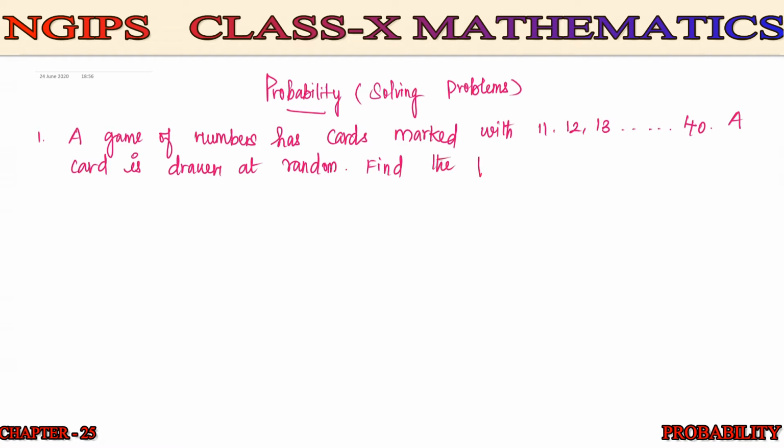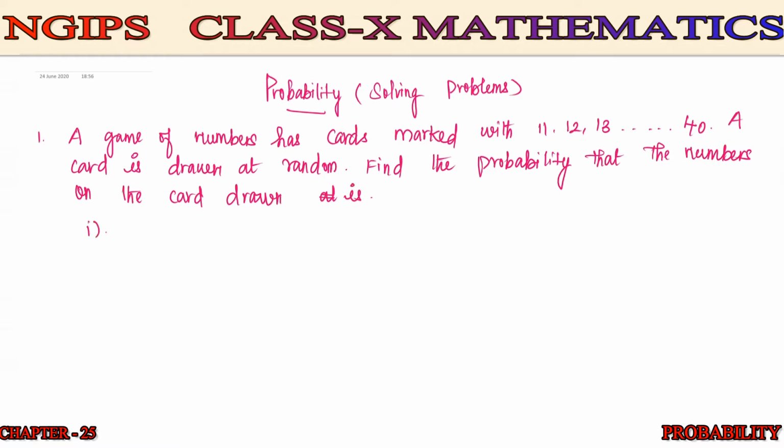Find the probability that the number on the card drawn is, the first sub question, a perfect square, and the second sub question, divisible by 7.